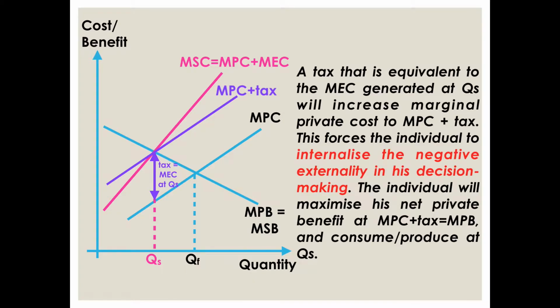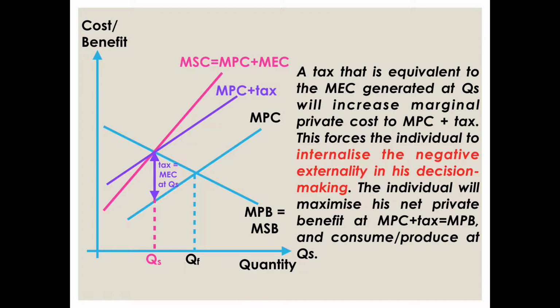In a nutshell, a tax that's equivalent to the MEC generated at QS will increase the marginal private cost to MPC plus tax. When the government does this, we say that this forces the individual to internalize the negative externality in his decision making.